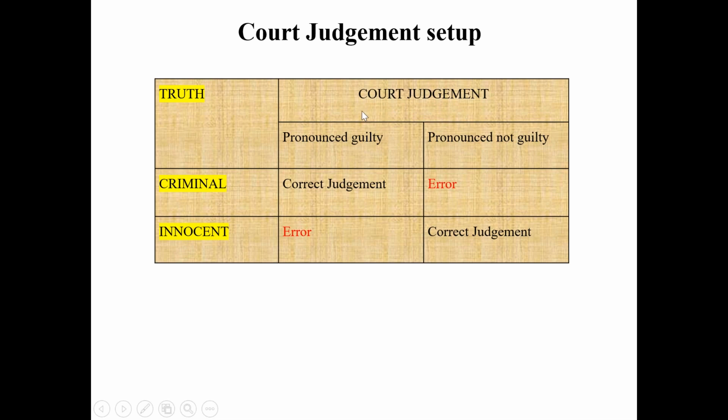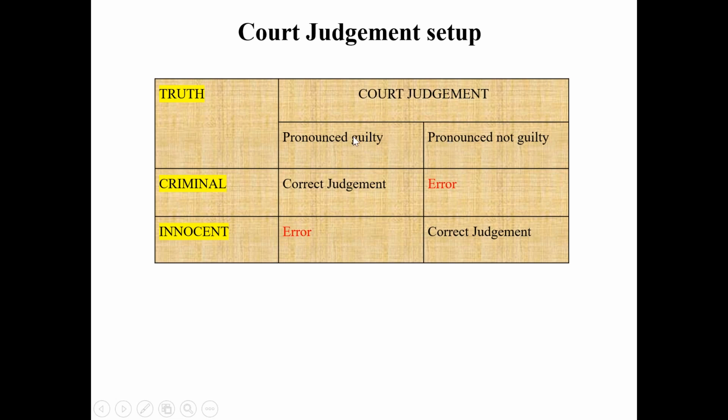The court judgment is similar to the test of significance by statistical tests. The court has pronounced that person to be guilty. If it is a criminal, then it is a correct judgment. If an innocent person is pronounced guilty, then it is an error committed by the court, isn't it? Similarly, the court judgment may say not guilty.